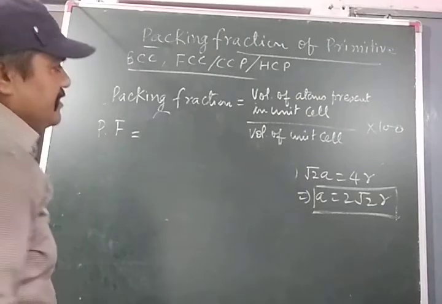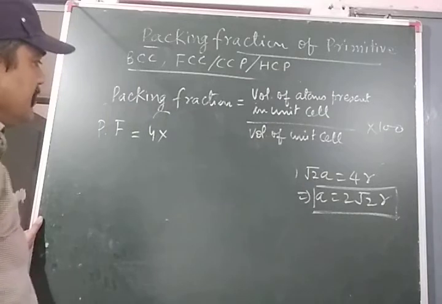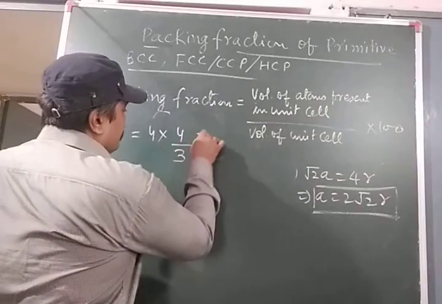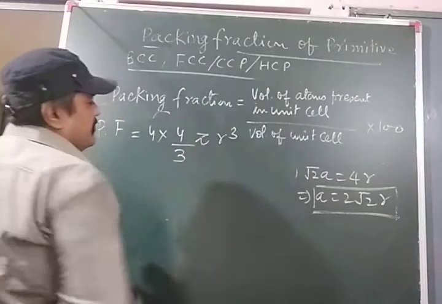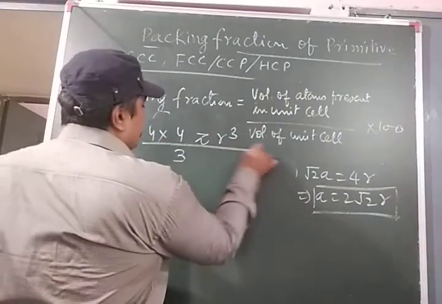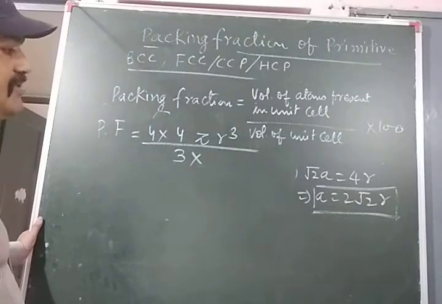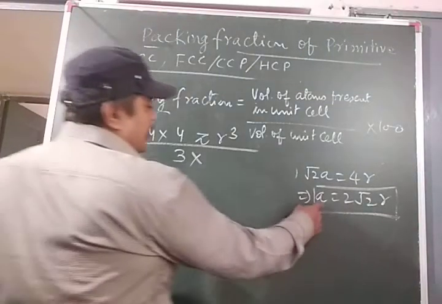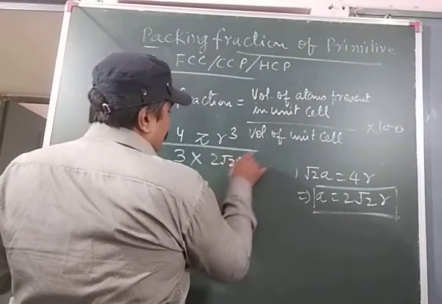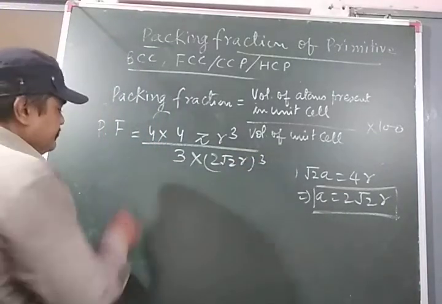The number of atoms is 4, that is the value of Z, multiplied by the volume of one sphere, or you can say the one atom, divided by the volume of the unit cell, that is a cube, and in place of a cube I am writing the cube of 2 root 2r. Clear?